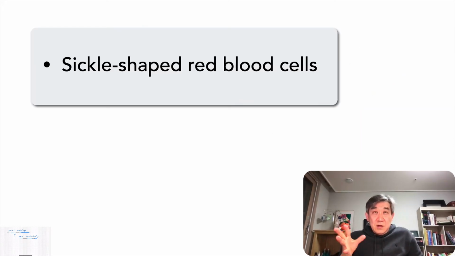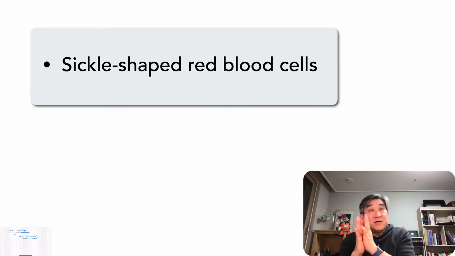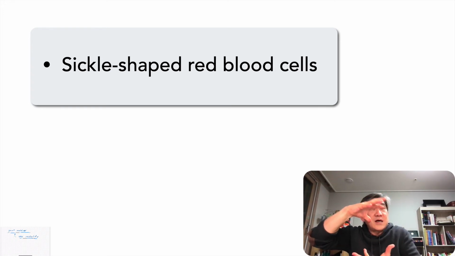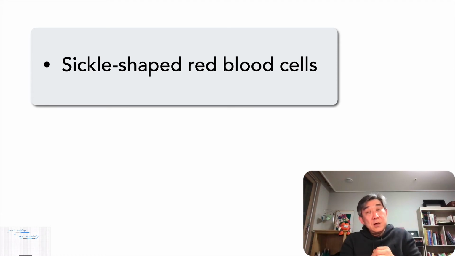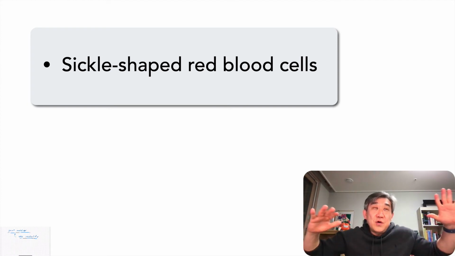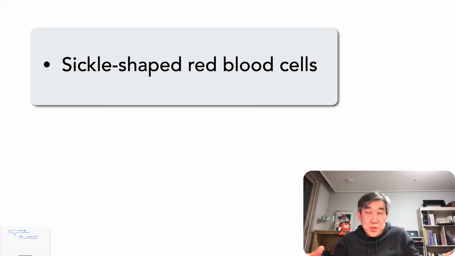So here the ultimate occasion is the sickle-shaped red blood cell, because the mature red blood cell contains nothing but a whole stock of hemoglobin protein. But if your hemoglobin structure is malfunctioning, clumped, then as a container your shape will also be deformed.